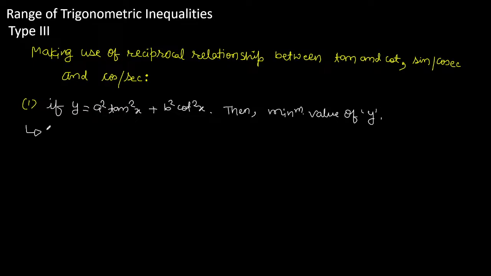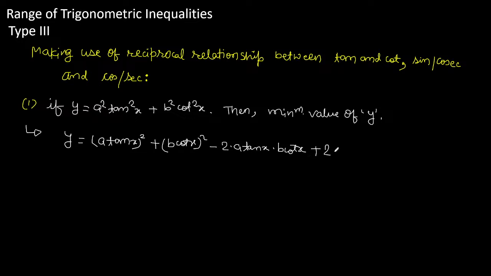First step we'll do like this. We have y equal to (a tan x) whole square plus (b cot x) whole square, a square plus b square. We'll do minus 2ab, so we'll do minus a into b plus tan x cot x, you can say 2ab.